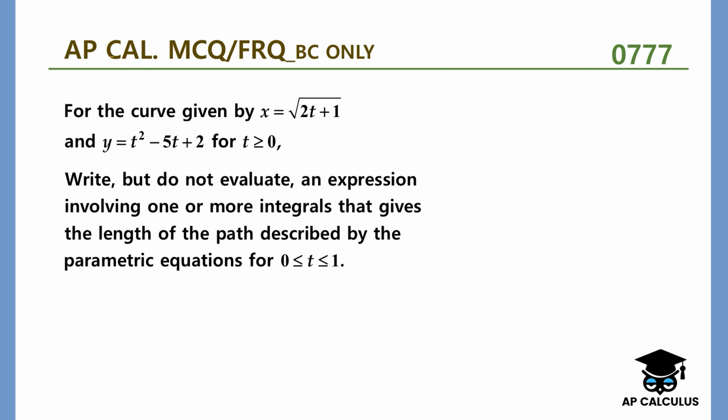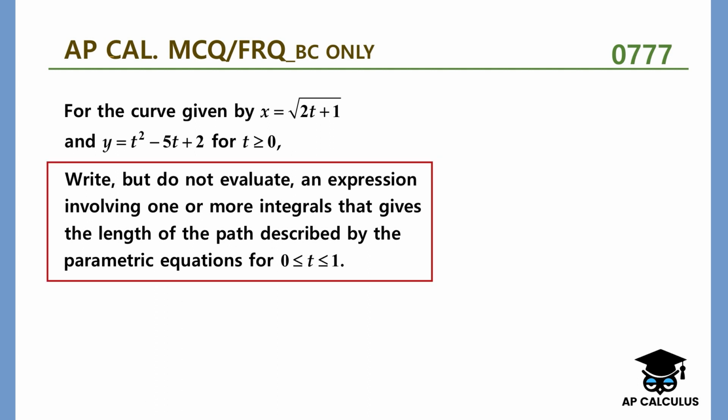Question 777. Write but do not evaluate an expression involving one or more integrals that gives the length of the path described by the parametric equations for t from 0 to t equal to 1.